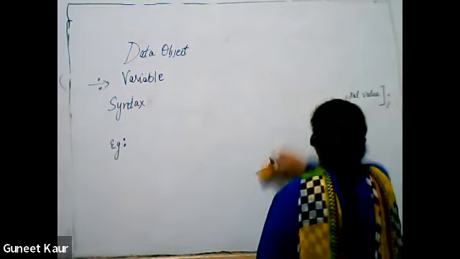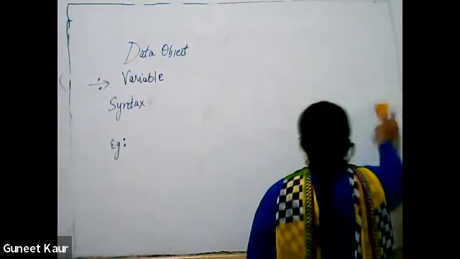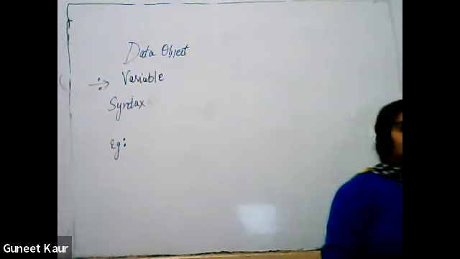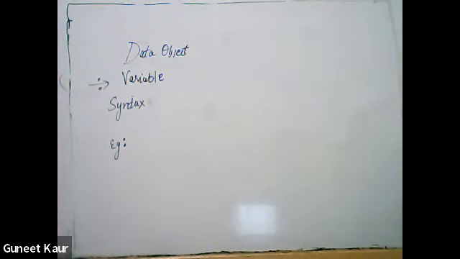In VHDL, a variable is used to update the value in a program immediately. A variable, unlike a signal, does not represent a wire in a circuit.